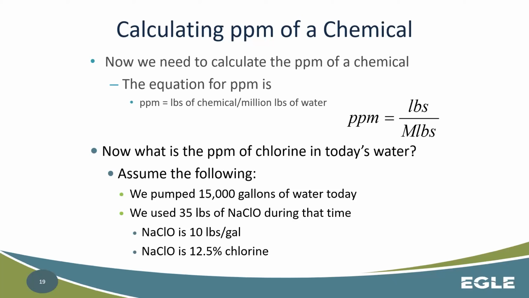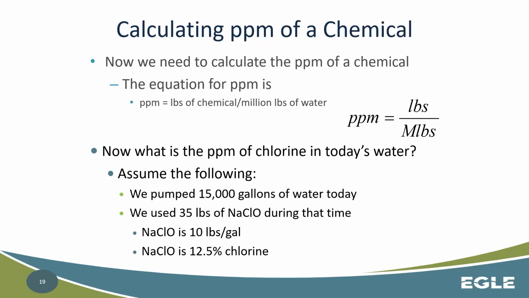We use 35 pounds of sodium hypochlorite during the time. And here's the data that we're given about this solution. We're given a density of 10 pounds per gallon. We're also given a concentration of chlorine by weight, which is 12.5 percent, right?